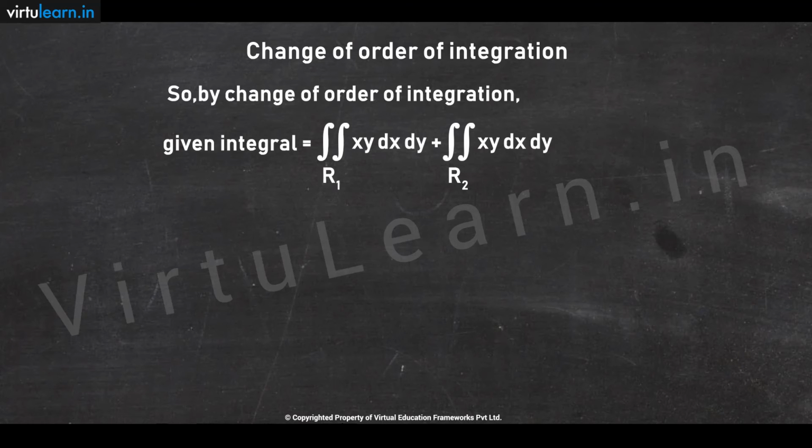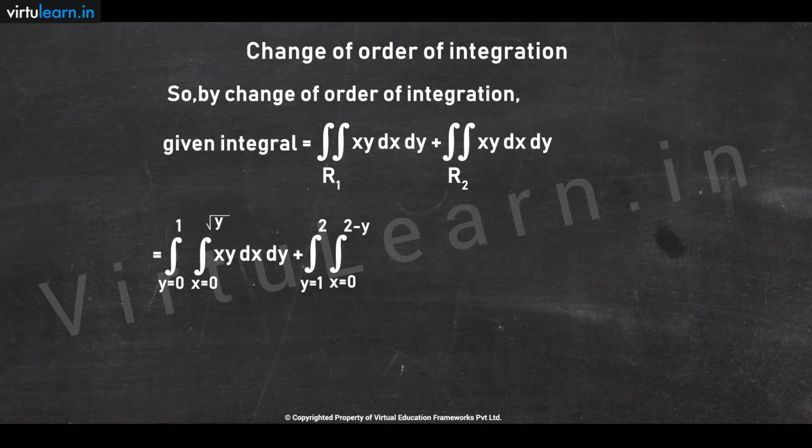Let us write the appropriate limits. So that is equal to integral y equal to 0 to 1, integral x equal to 0 to root y xy dx dy, plus integral y equal to 1 to 2, integral x equal to 0 to 2 minus y xy dx dy.